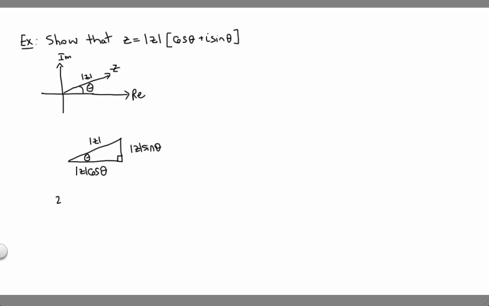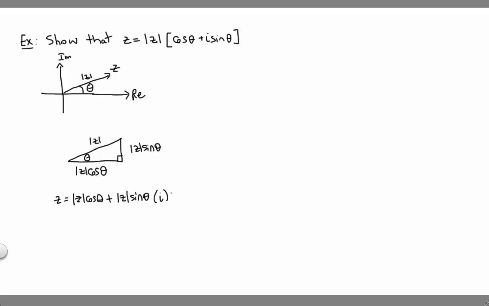All right, so since we know that our complex number has its real part represented along the horizontal axis, we can say, well, that means the real part is going to be length of z times cos theta. And since we know that our imaginary component is going to be represented vertically, then we can say the imaginary part is going to be plus length of z sine theta times i.